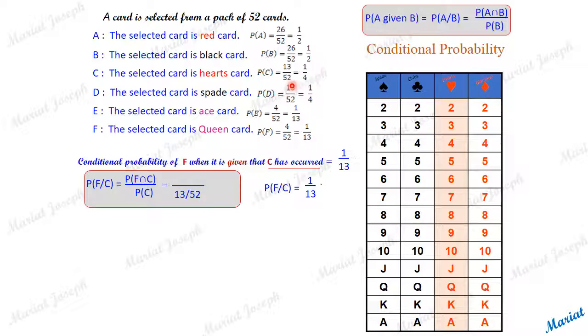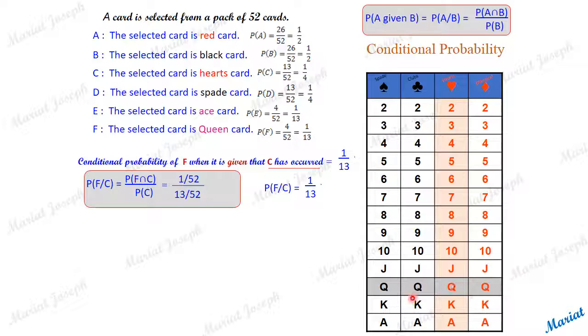Now, what is the numerator? That is again a simple probability. Simple probability of F intersection C, which means what is the probability of F and C happening? What is F? Queen. What is C? Hearts. How many cards are there which are hearts as well as queen? Yes, there is only one card that is hearts as well as queen.